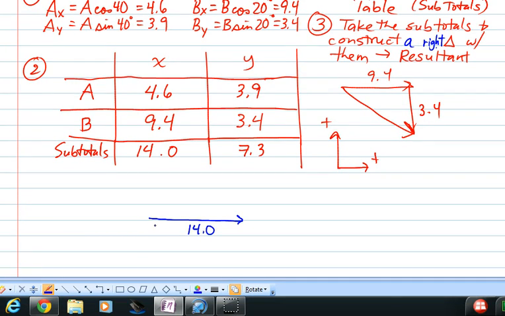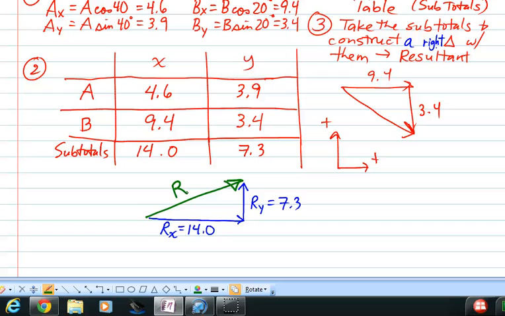You could call that Rx for the resultant in the x direction, and this could be Ry, or 7.3. Then the resultant is the hypotenuse, and we just do a little bit of math here.